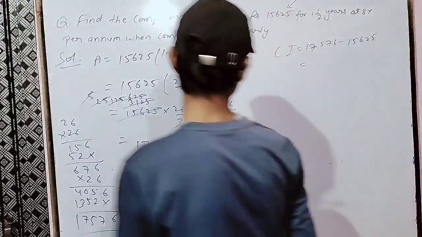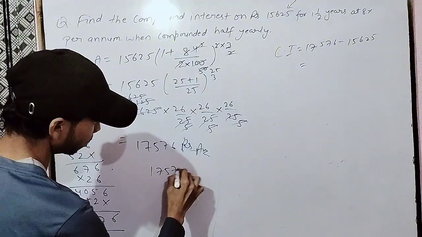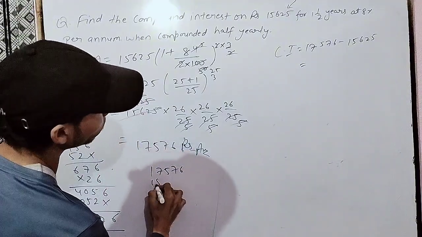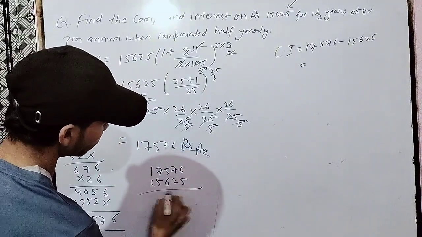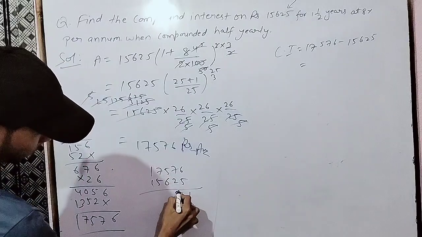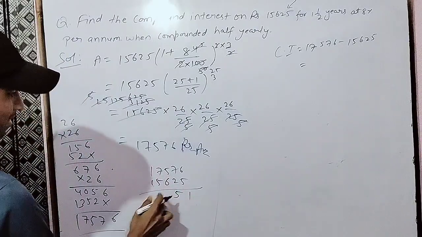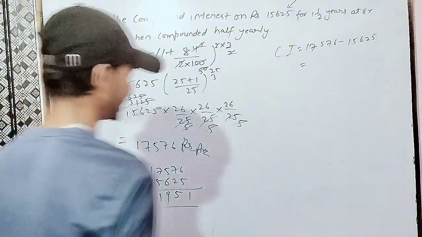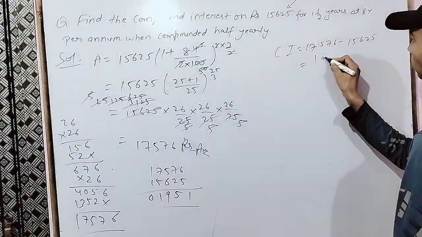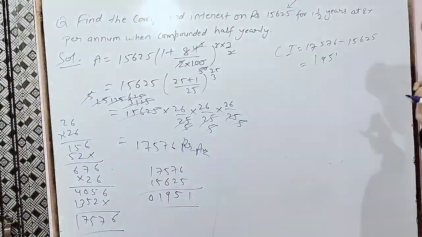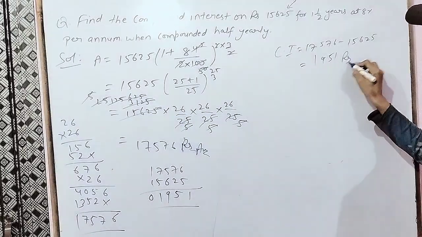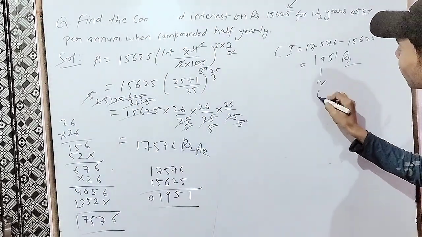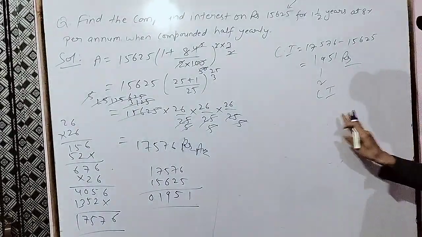It will become 1,951. This is the compound interest.